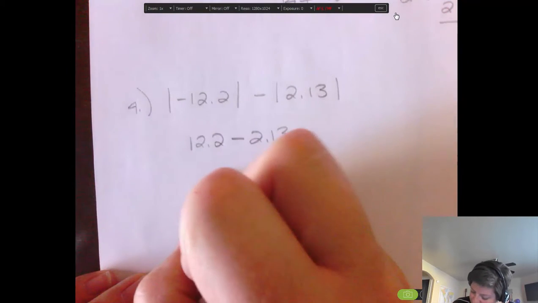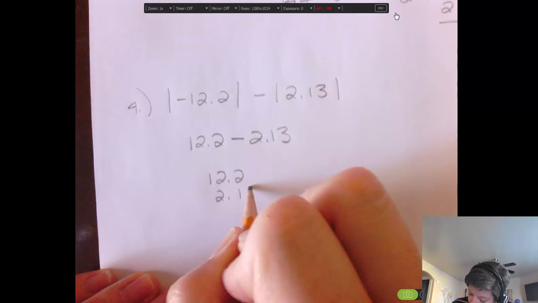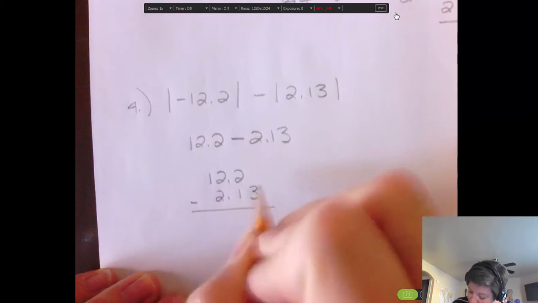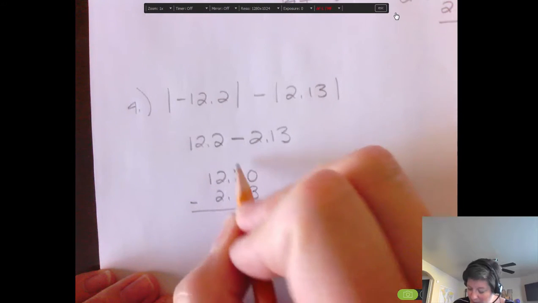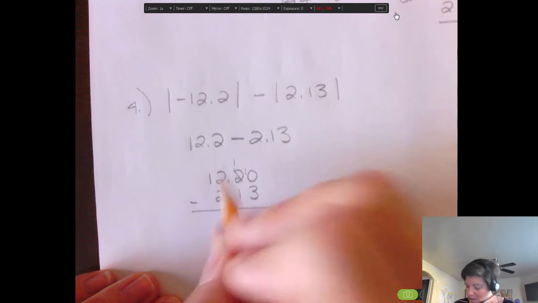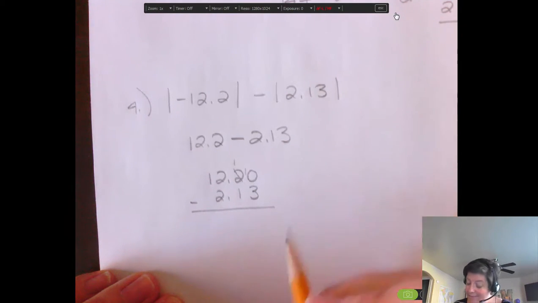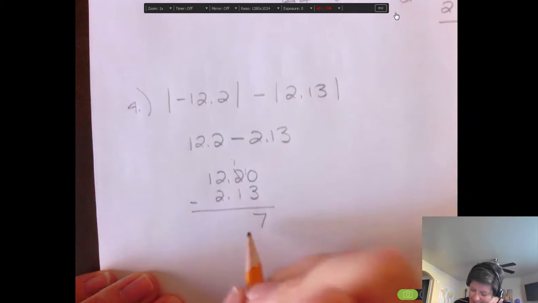So we could line these decimals up and we could subtract them, and you put our little placeholder of a 0, and we go, okay, well, 3 doesn't go into 0, so I'm going to borrow 1 here. Bring over the 10, so 10 minus 3 is 7, and then 1 minus 1 is 0.